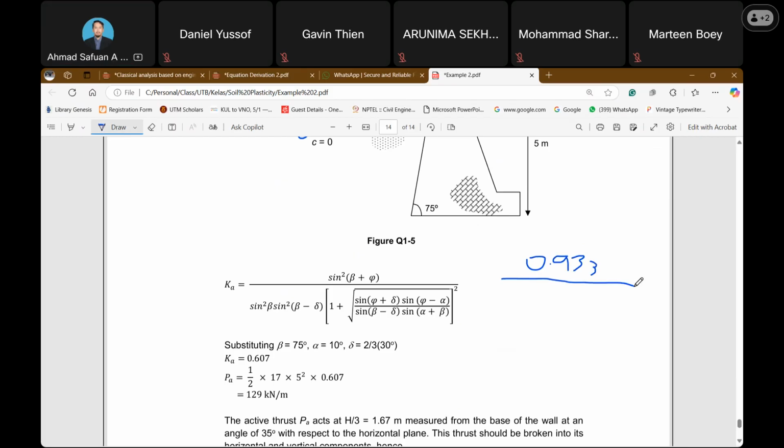Then for the sub equations, beta 75 minus delta 20, 55.